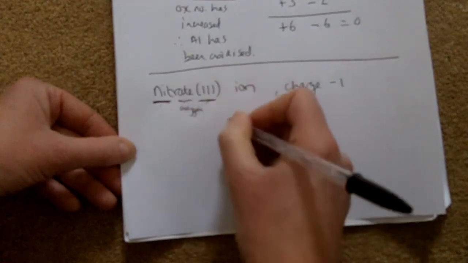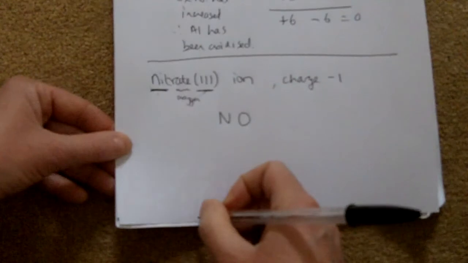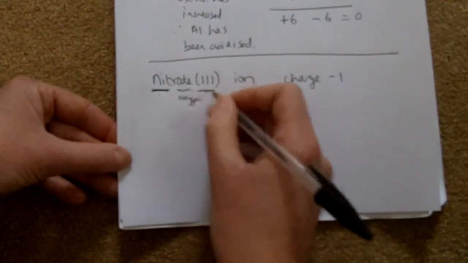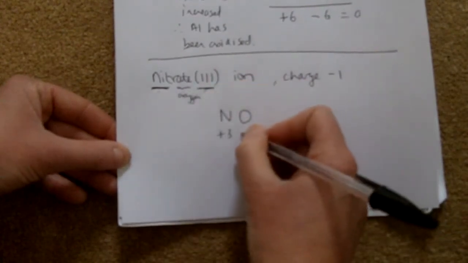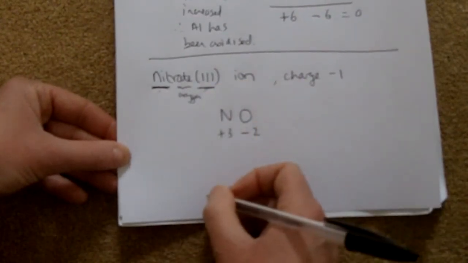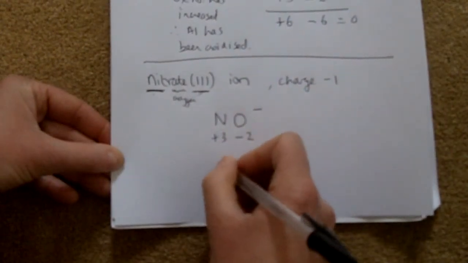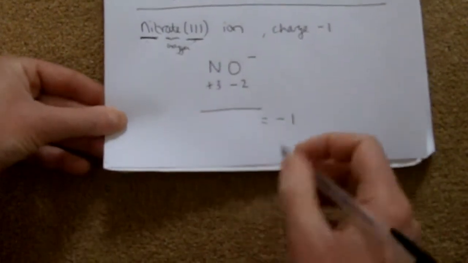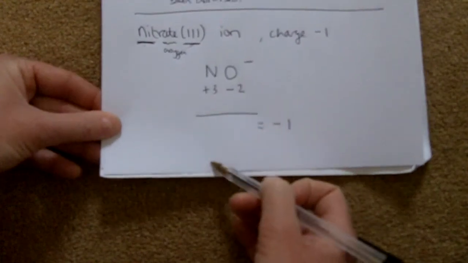So I know that nitrogen is there and oxygen is there, and that nitrogen has oxidation state +3, and oxygen has oxidation state -2. The overall charge is -1, so it has to add up to -1.